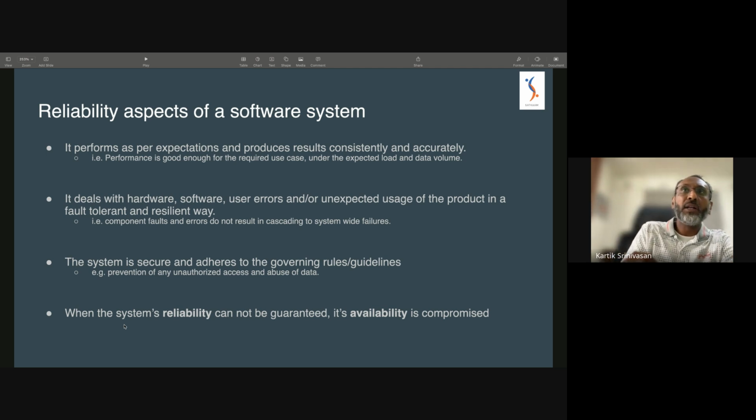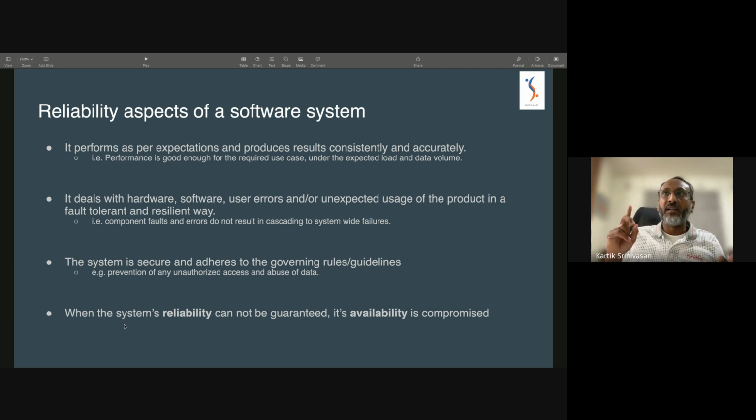When we talk about reliability, we've got to make sure that we understand that reliability is about producing results consistently and accurately over a long period of time.